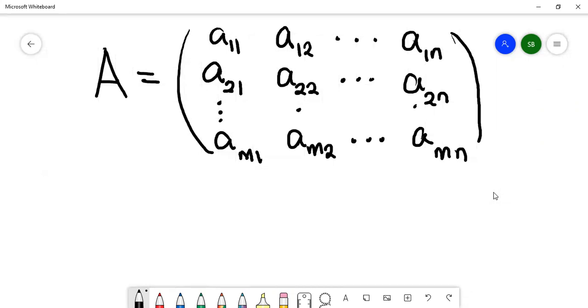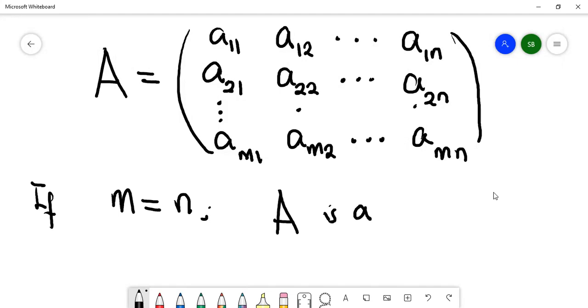And what do you notice? If you observe that m is equal to n, then we refer to A as what? A is a square matrix.